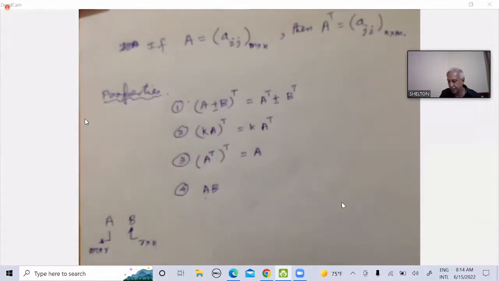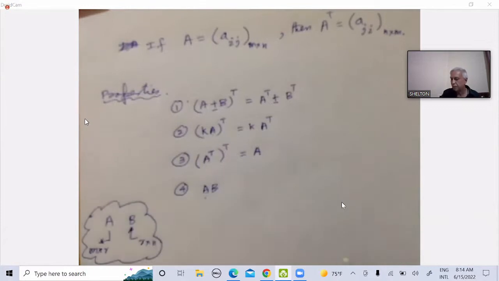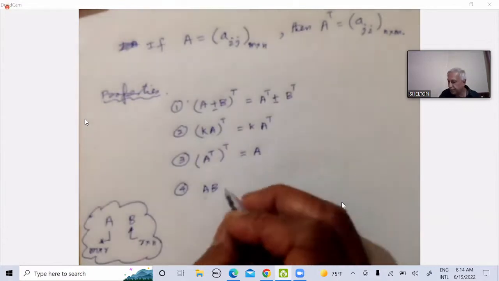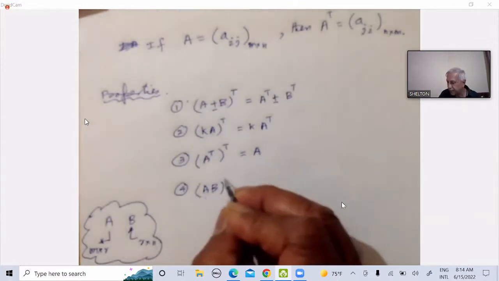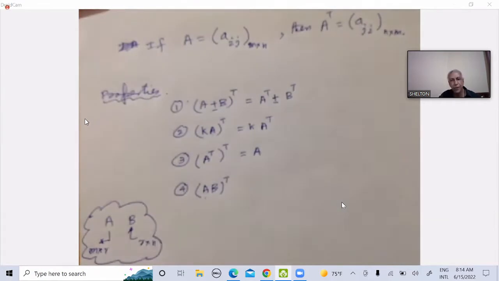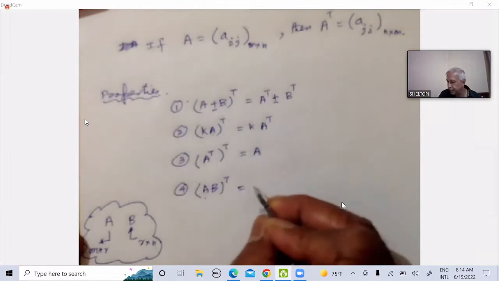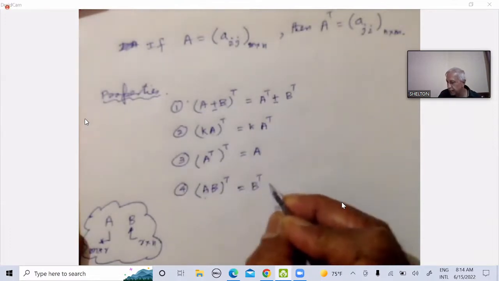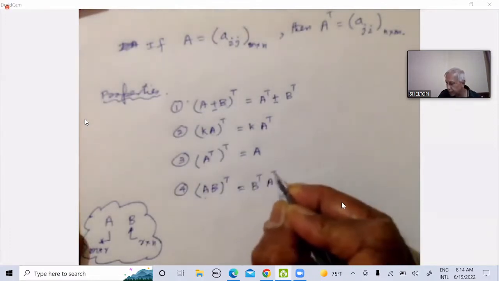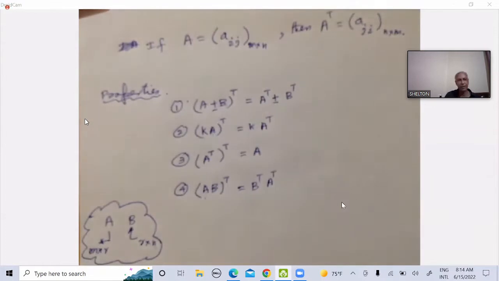We did that slowly last time. Now if you take (AB) transpose, it is not equal to A transpose B transpose. The order gets changed. It is equal to B transpose A transpose. This is a common thing in a sense.